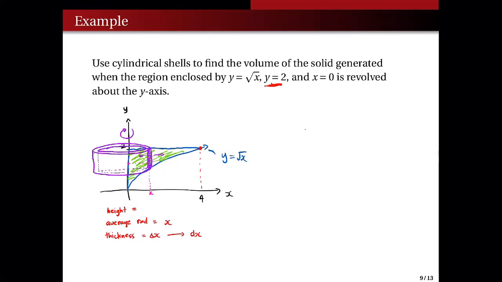But look at the height. The height of the cylindrical shell is from this line up to the function.